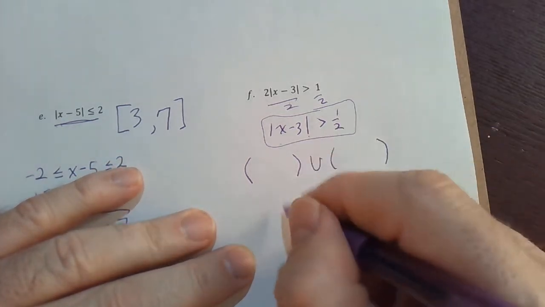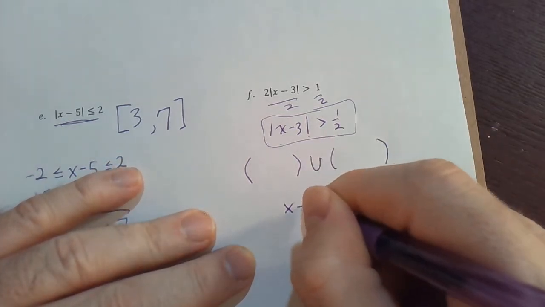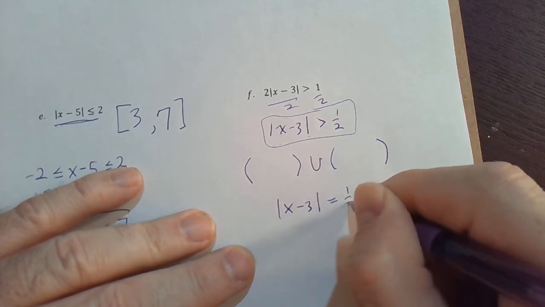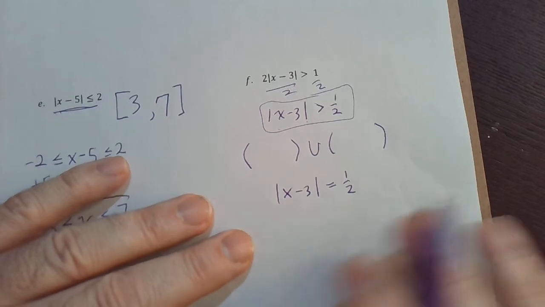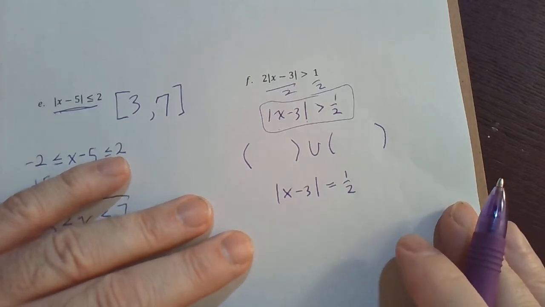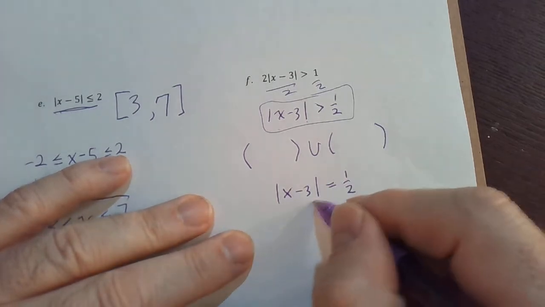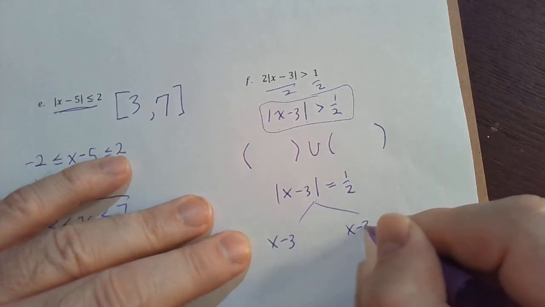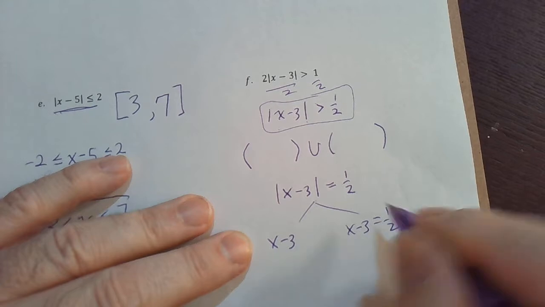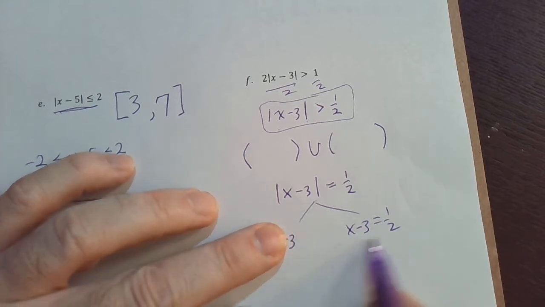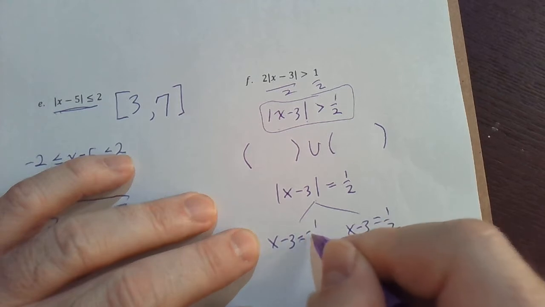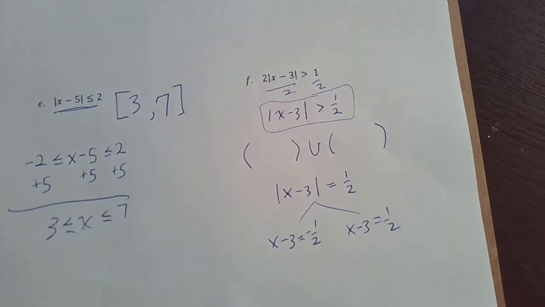Just solve this, and that will give you the two numbers that you need. So, this comes down to x minus 3 equals 1/2. I wrote it exactly the same way as it was without the absolute values. And on this one, I have to put a negative 1/2. Solve them and we're done.